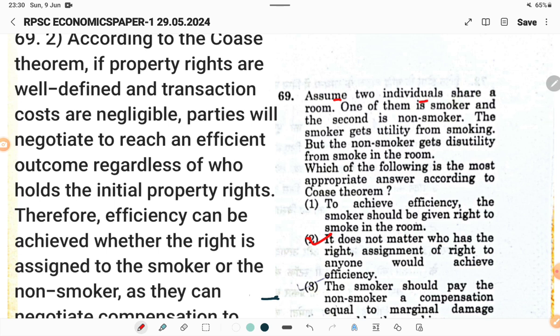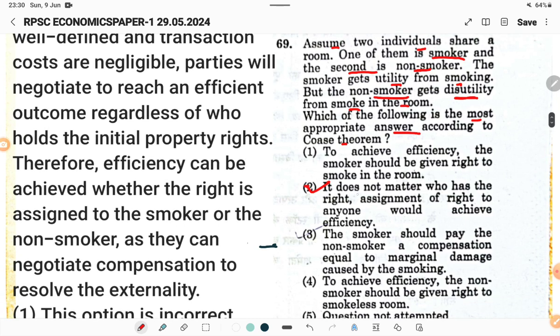Assume two individuals share a room. One of them is a smoker and the second is a non-smoker. The smoker gets utility from smoking, but the non-smoker gets disutility from smoke in the room. So which of the following is the most appropriate answer according to the Coase theorem? First, to achieve efficiency, the smoker should be given the right to smoke in the room.